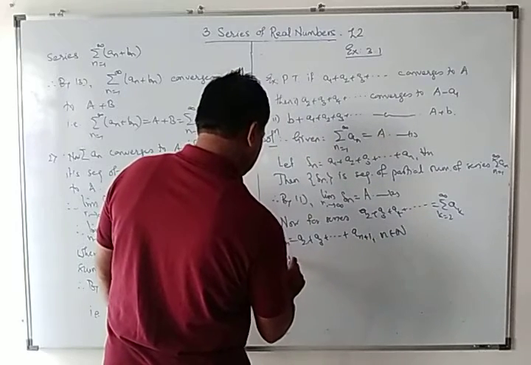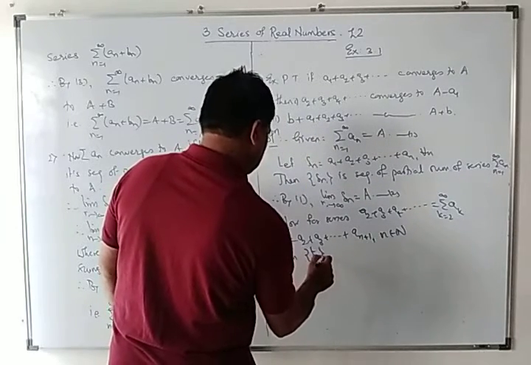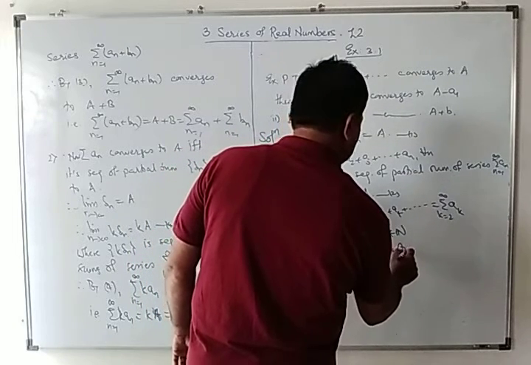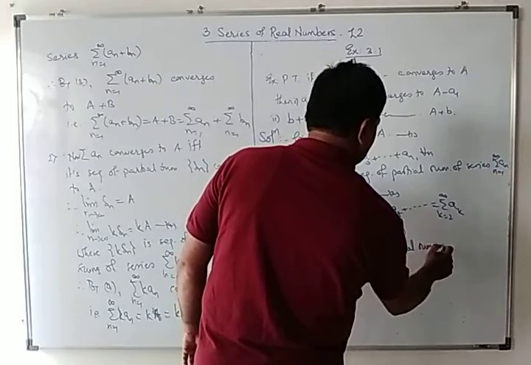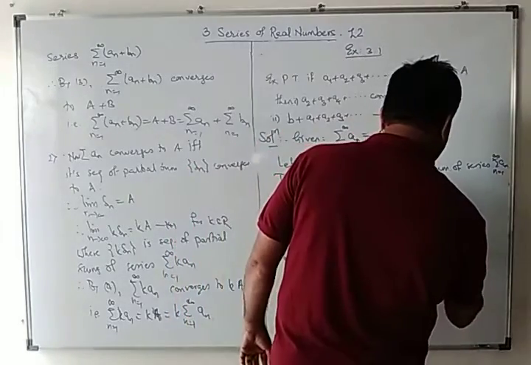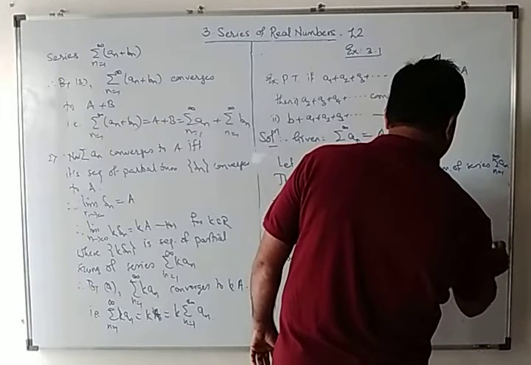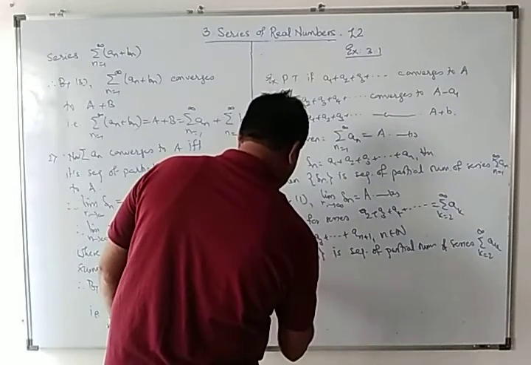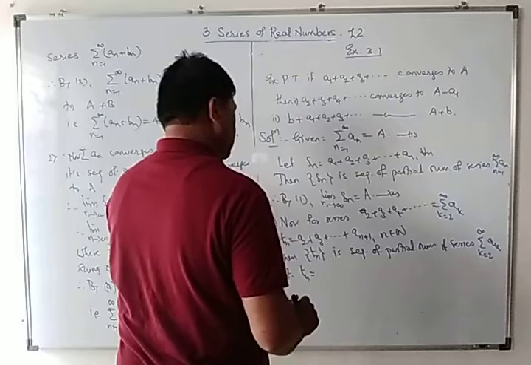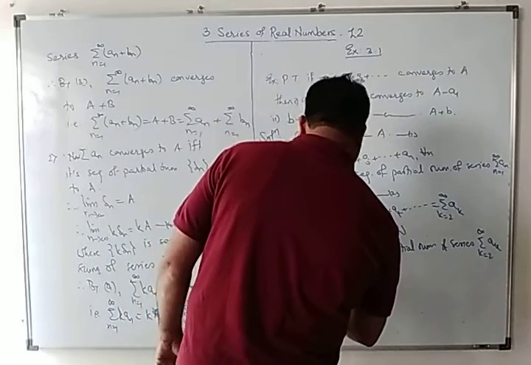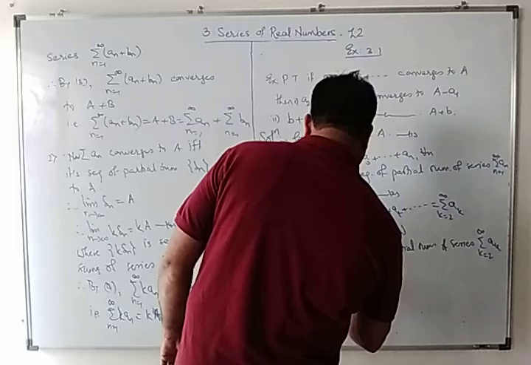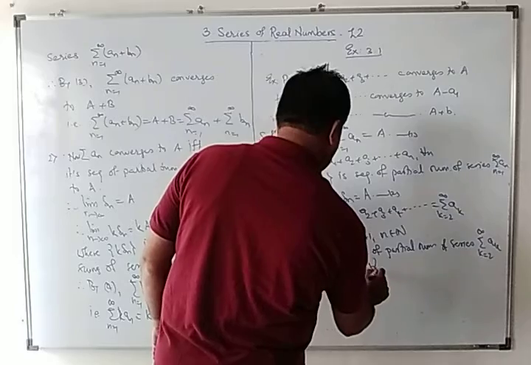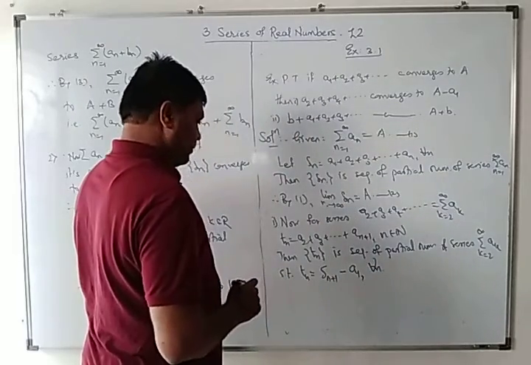Then Tn is the sequence of partial sums of the series summation ak, k equal to 2 to infinity, such that Tn is equal to Sn plus 1 minus a1 for every n.